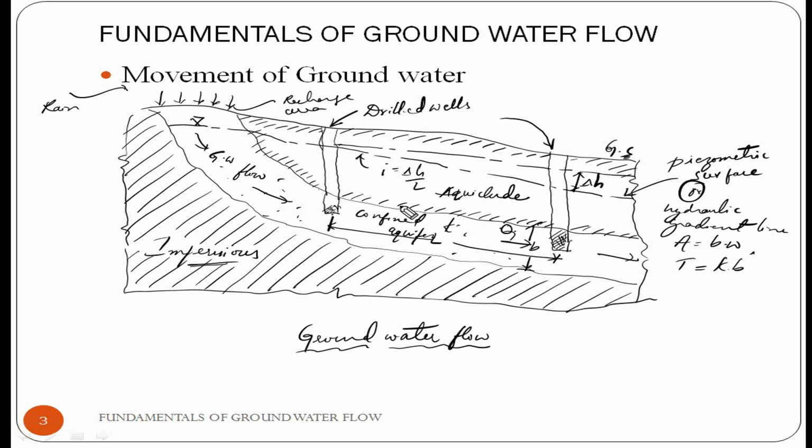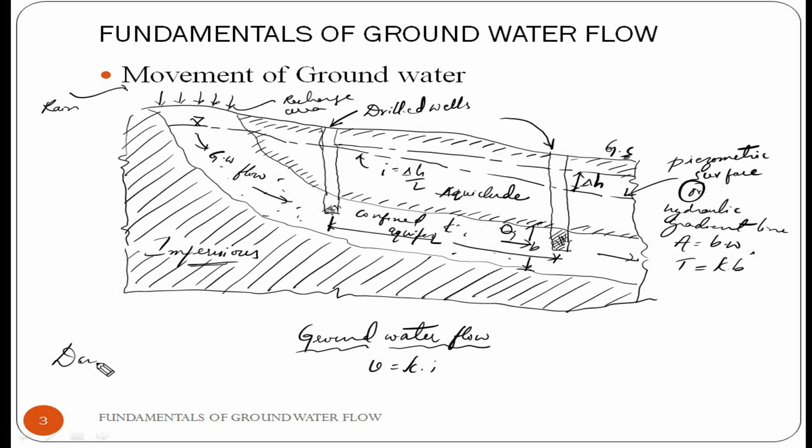So here the velocity of groundwater flow, which is entirely laminar, is given by Darcy's law, which states that the velocity of flow in a porous medium is proportional to the hydraulic gradient. Therefore, we can write it as V is equal to K into i. As per Darcy's law, for laminar flow conditions in a saturated soil, the rate of flow or the discharge per unit time is directly proportional to the hydraulic gradient.